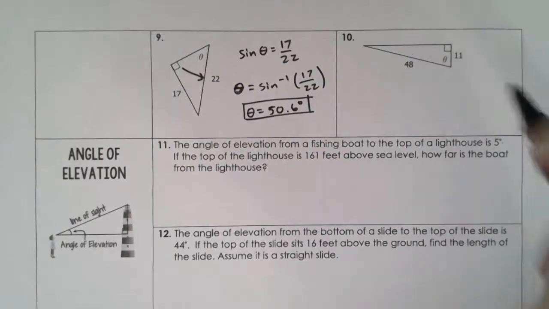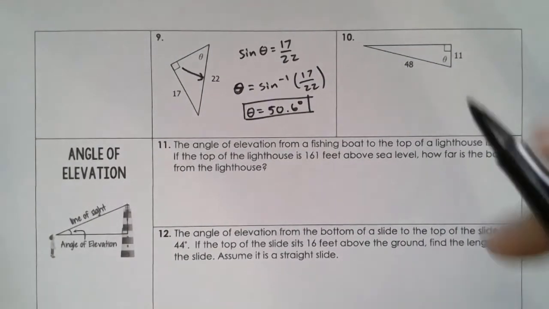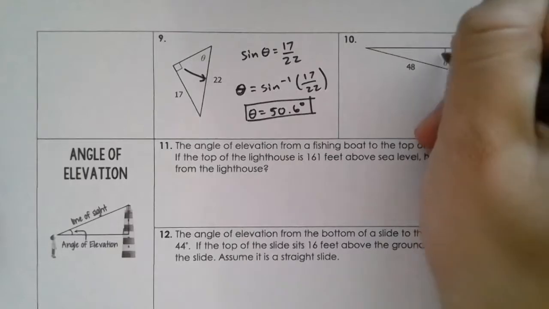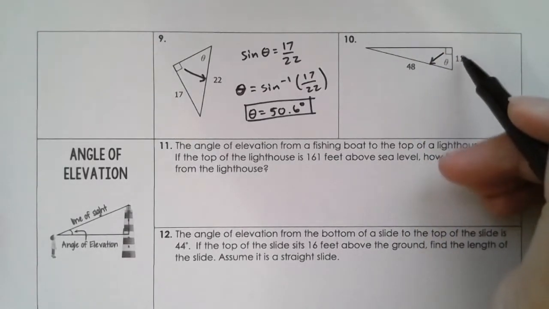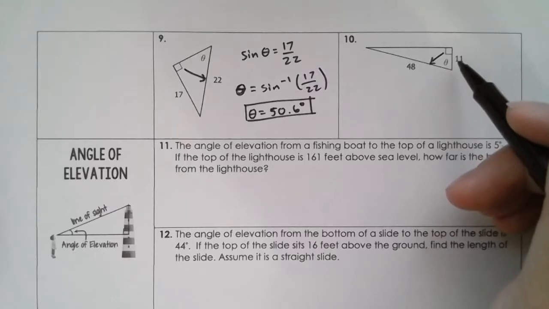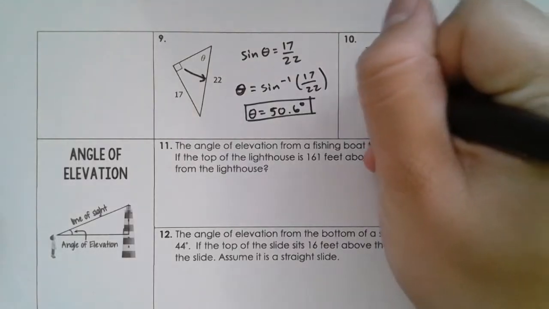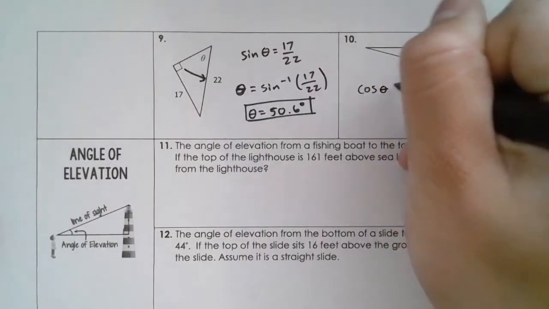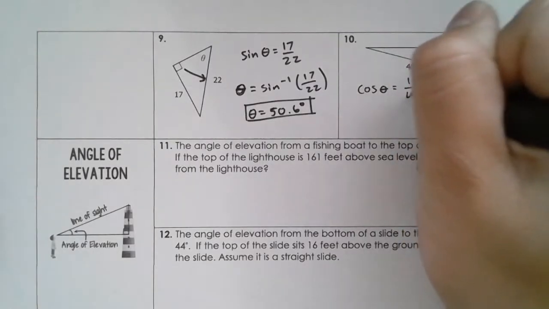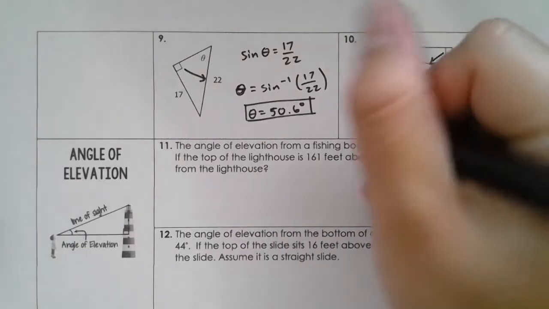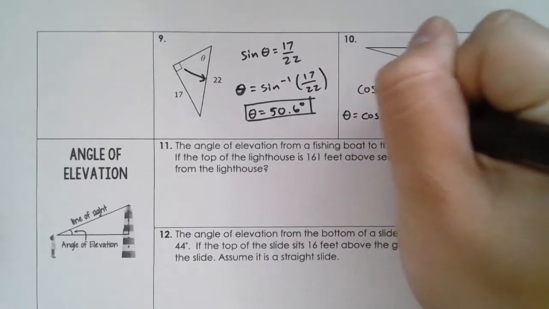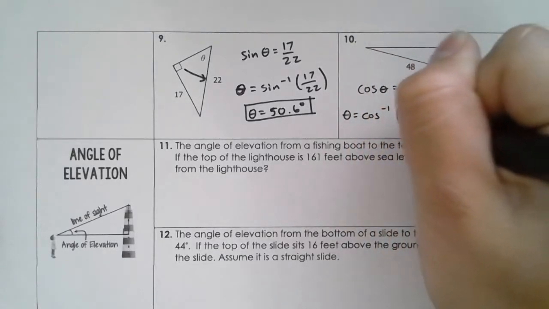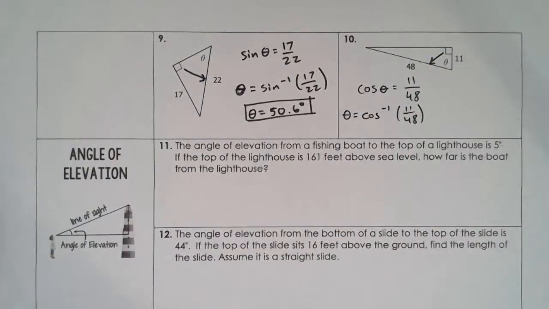Last one here, the hypotenuse is given, and then I have an adjacent side also given. So it's cosine. So cosine theta is equal to 11 over 48. So then theta is equal to cosine inverse of 11 over 48.